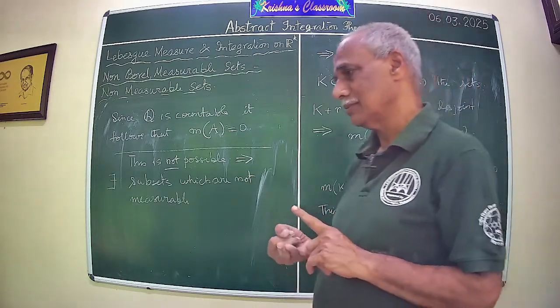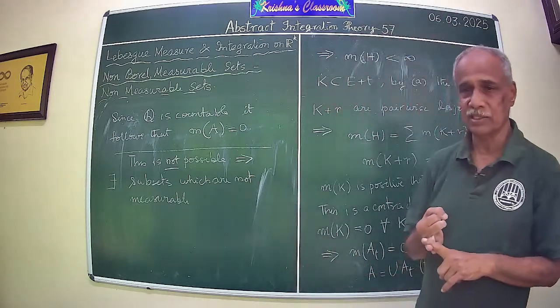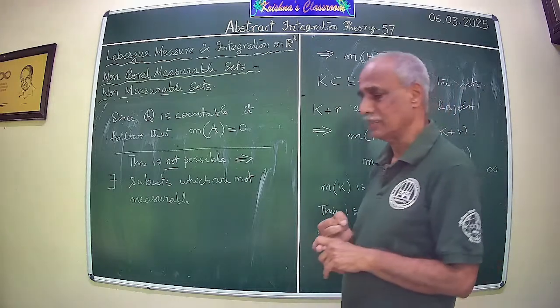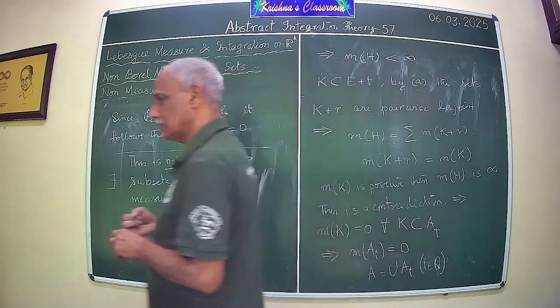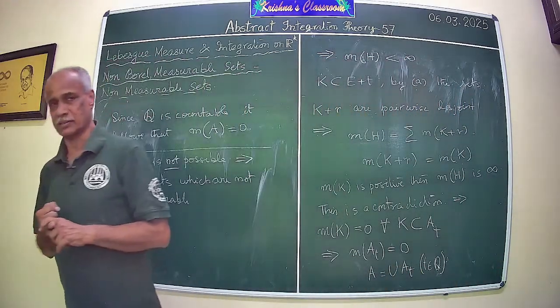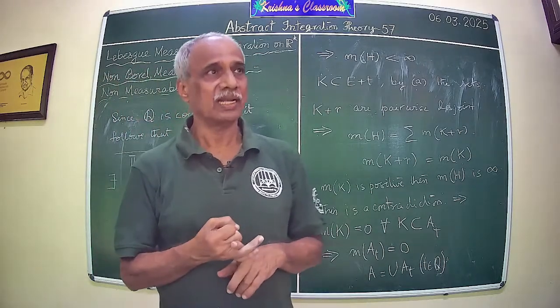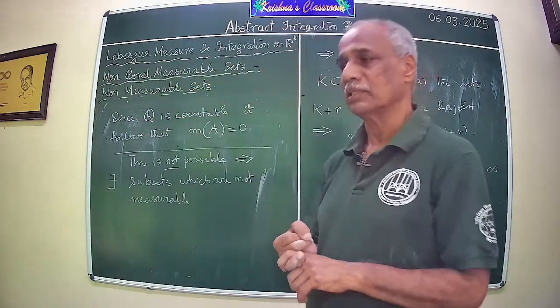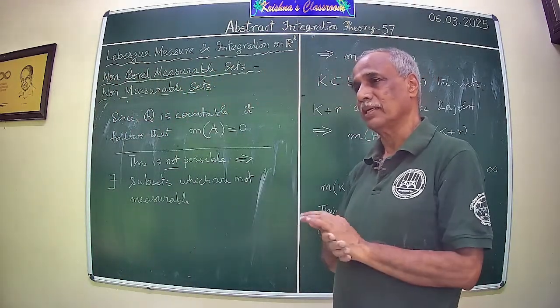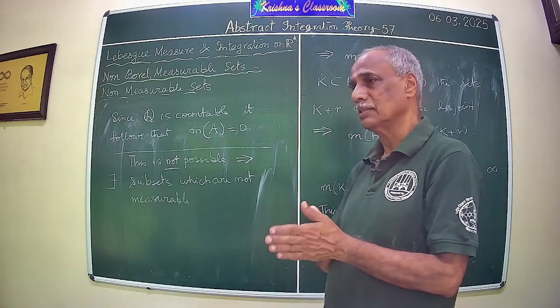Secondly, the Lebesgue measurable sets do not cover the entire class of subsets of R. Okay, so there are subsets which are not measurable. So I conclude this talk with this. Thank you very much.